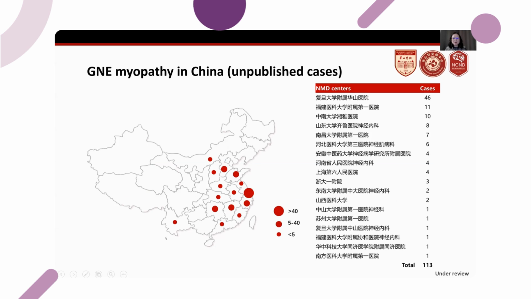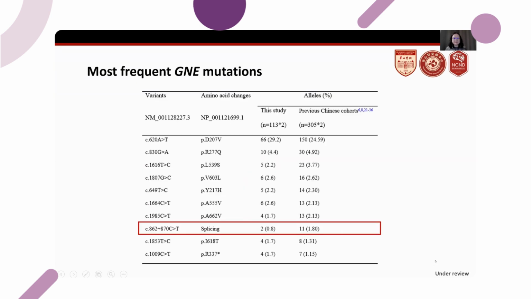And then we also wanted to know if this DIV mutation is underestimated in the general GNE cohort. So we actually called on all the neuromuscular centers around China and asked them to submit unpublished cases with or without monoallelic mutation. And finally, we collected 113 new unpublished cases.